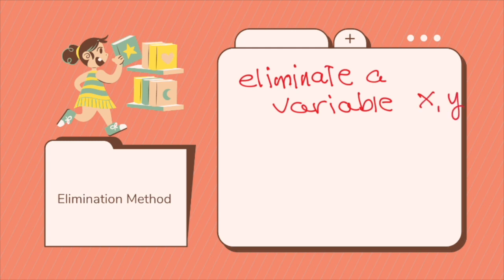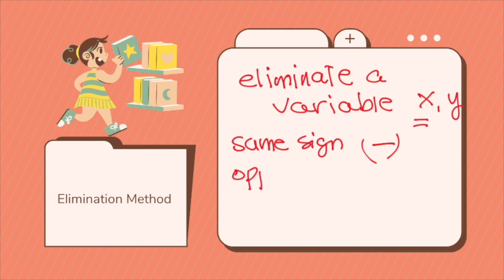Now if you want to eliminate x and the terms have the same sign, you have to subtract. Subtract the two equations. If they have opposite signs, then you have to add.